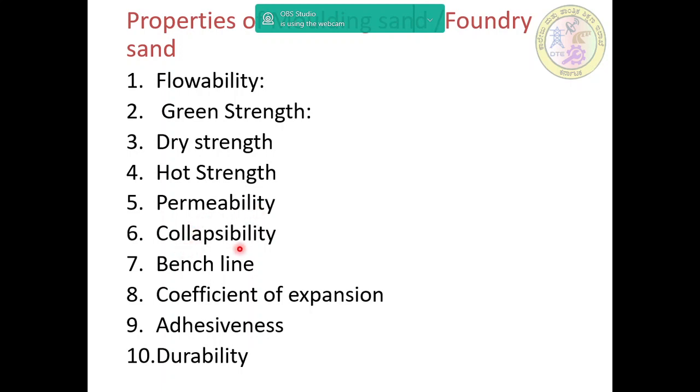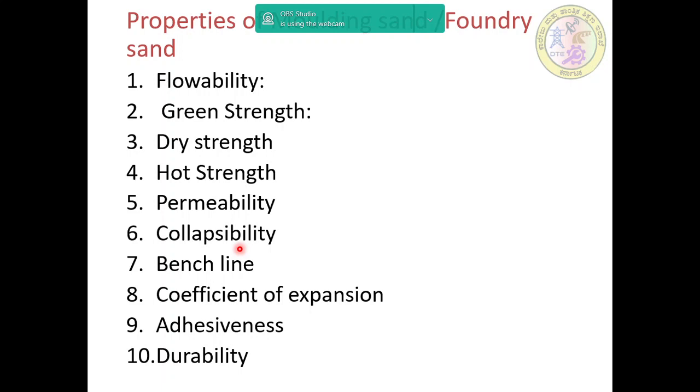Next is collapsibility. It is the ability of the molding sand to collapse after the casting solidifies. It should break down into pieces easily at the knockout and cleaning stages. The easier the mold breaks, the higher is the collapsibility of the molding sand.